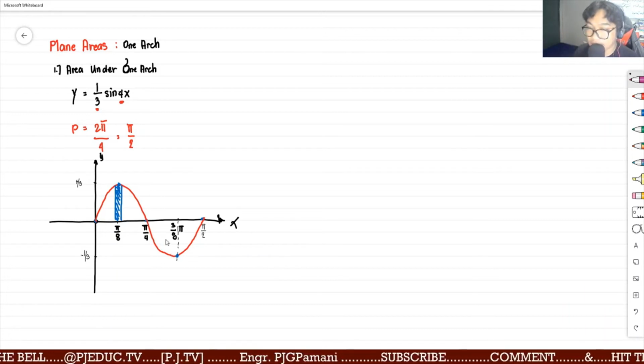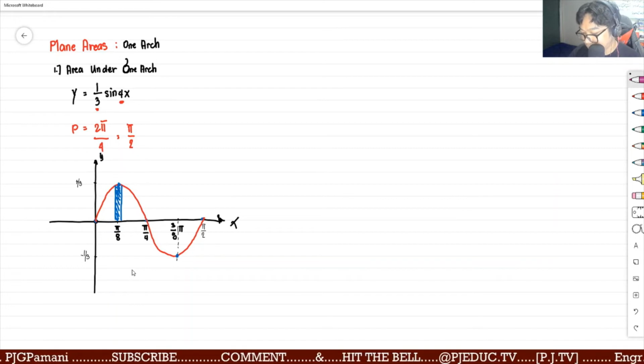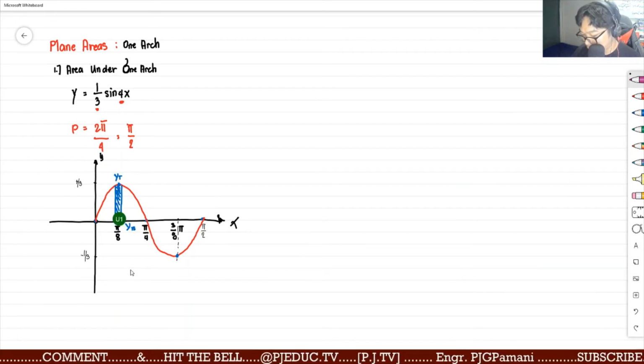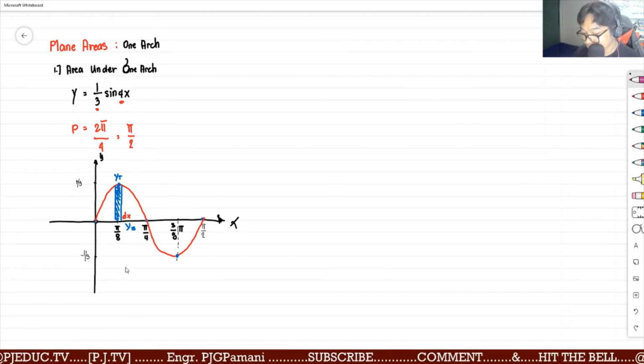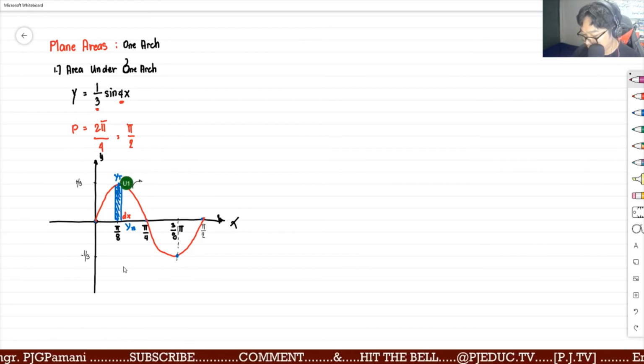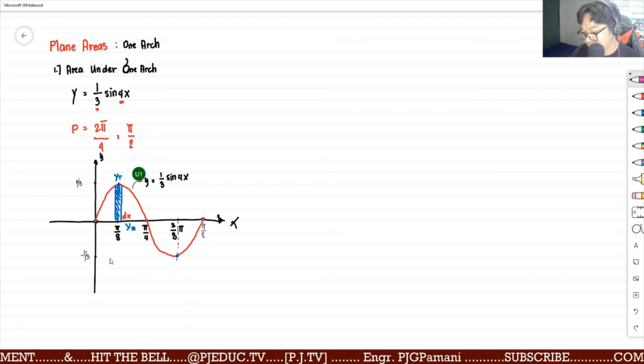Pero later on, magdedepende yun. Magbabago yan when it comes to solid of revolution. Now, with this, that is your y top, that is now your y bottom, and your thickness of the strip dx. Okay? Then your curve is simply defined as your what? That is your y equal to 1/3 of sine 4x.